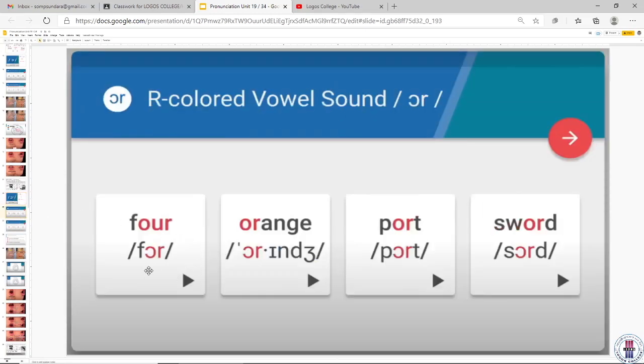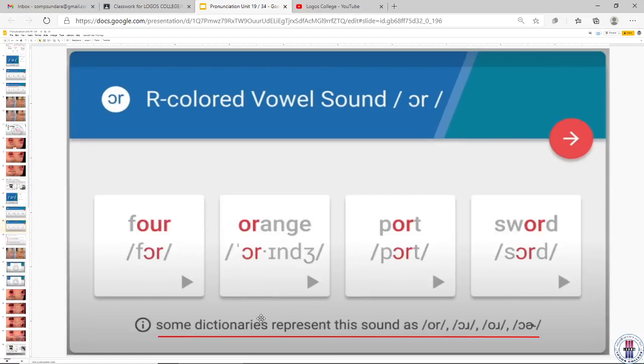You'll find it in words such as for, orange, port, sword. Notice the W is silent, all right? The W is silent here. Sword. And also notice a lot of the spelling is O-R or O-U-R. And another thing, many dictionaries write this sound.